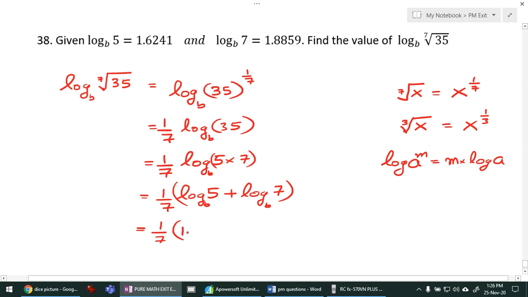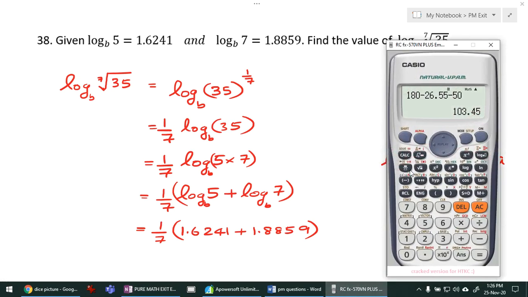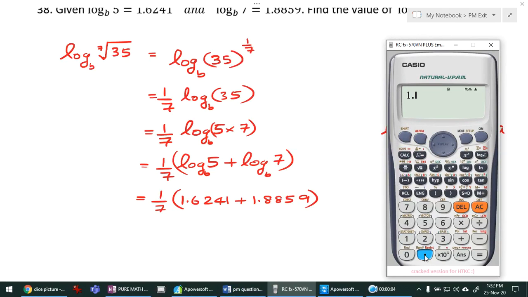So 1.6241 plus log 7 is 1.8859. Now we will use the calculator. 1.6241 plus 1.8859, equal to this value divided by 7.